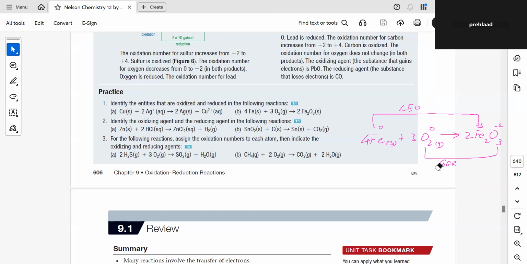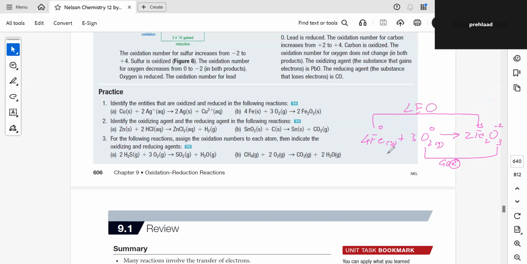Yes. So, that means this is oxidation, this is reduction. If this is oxidation, this is a reducing agent. Iron is the one that is losing electrons. Prahlad, this is loss of electron, right?